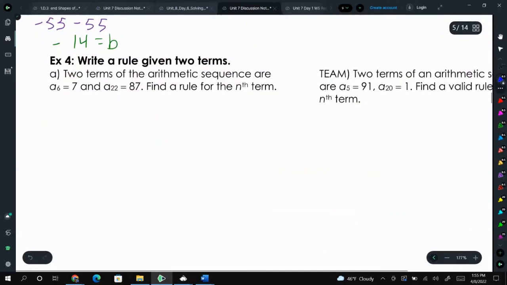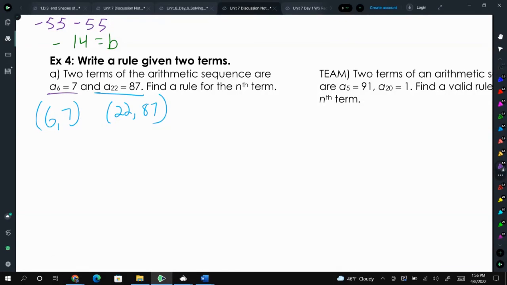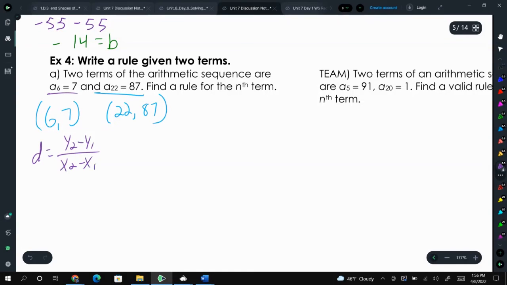Now with this example, number 4, you want to treat these two as separate points and use the slope formula. Think of it as 6, 7 and 22, 87. And to find your common difference, that slope formula, your difference is going to be y2 minus y1 over x2 minus x1.